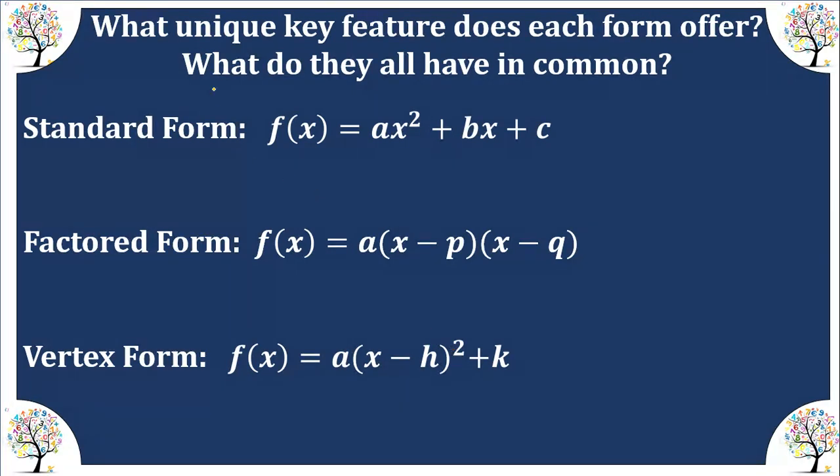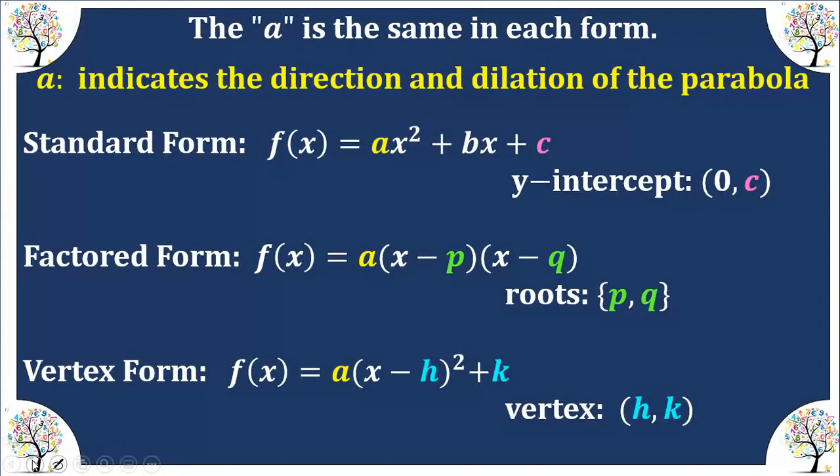So the question up top says, what do they all have in common? And you can see they all have the a value, and the a value is at the beginning of each equation. So let's talk about what the a value indicates. First of all, it tells us the direction of the parabola.